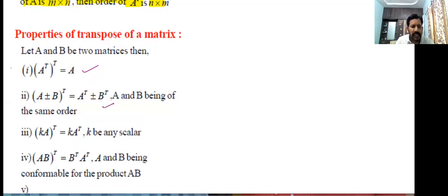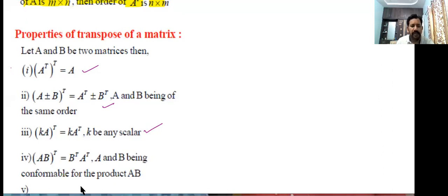Now, kA whole transpose, where k is any scalar, is equal to k into A transpose. Next, AB whole transpose is equal to B transpose into A transpose. Here, A and B are conformable for the product AB.